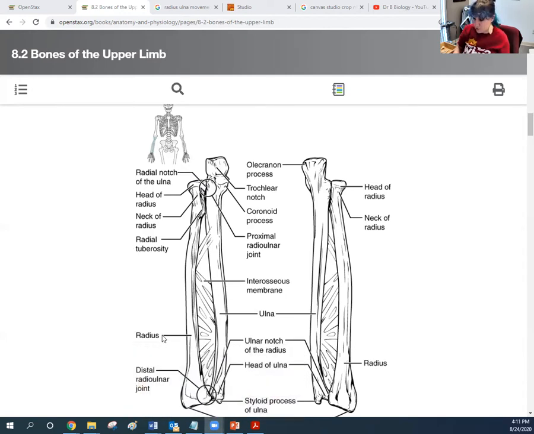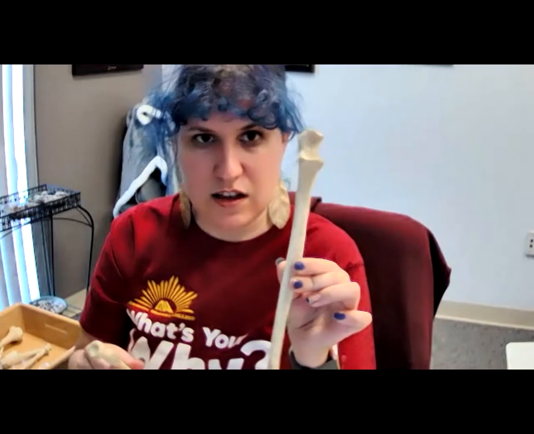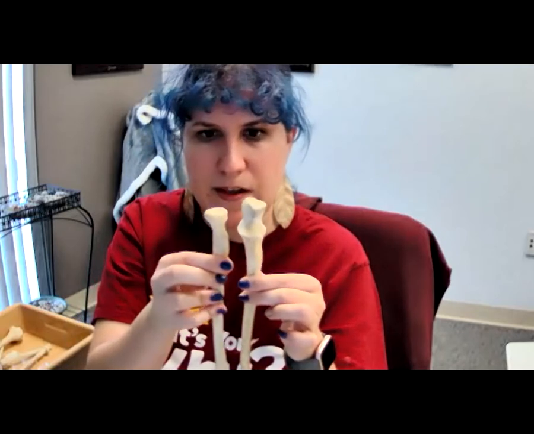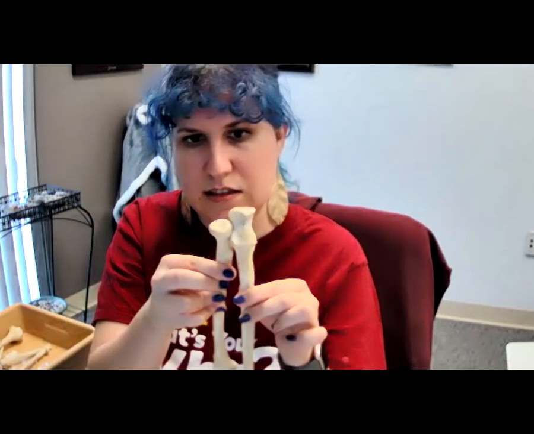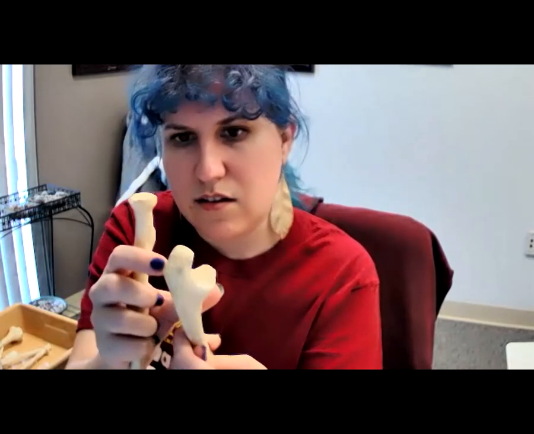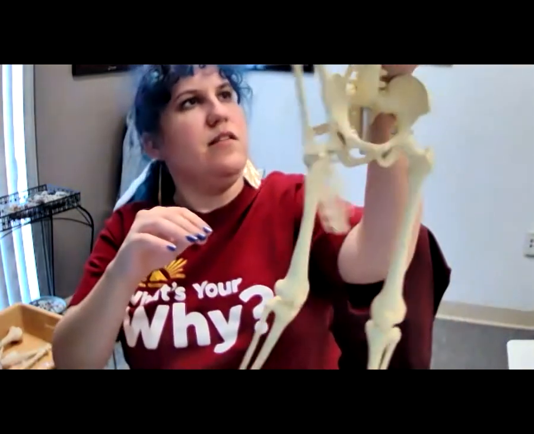All right, so if I put these bones together, let's see if I can get them to fit. Let's come back here. Here's our ulna with the olecranon. Here's our radius. Let me show you on this model, it's going to be a little easier.